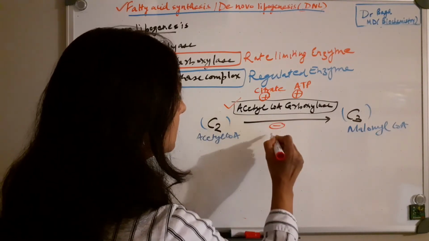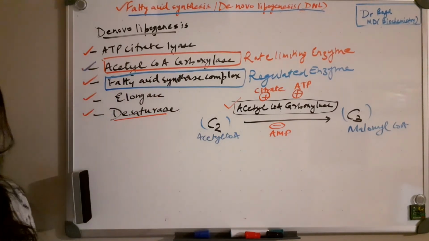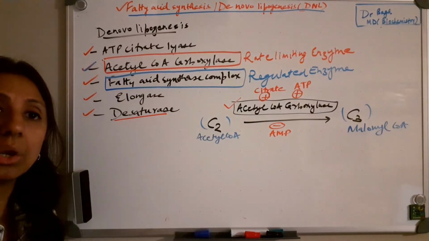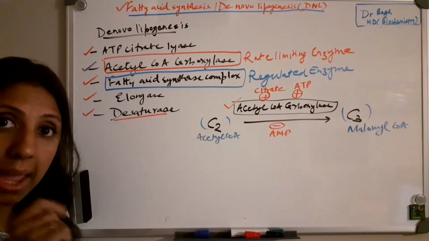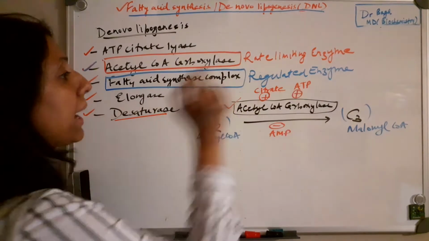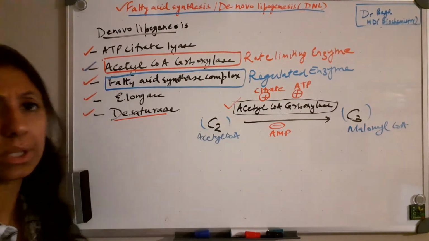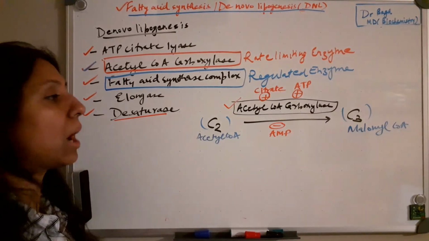Naturally, the inhibitor will be AMP, because high AMP inside your cell tells you that you are in a low energy status, whereas high ATP inside your cell tells you you're in a high energy status. Please know that you cannot do synthesis without ATP.